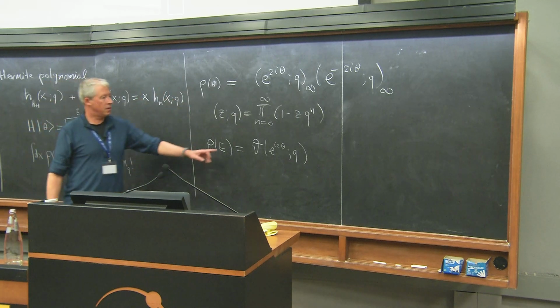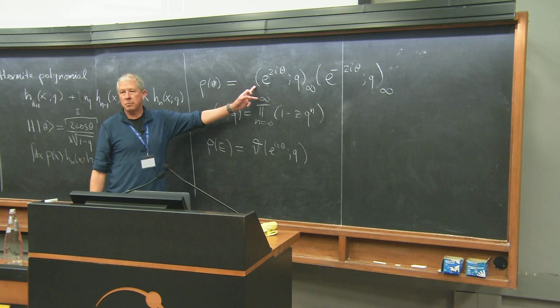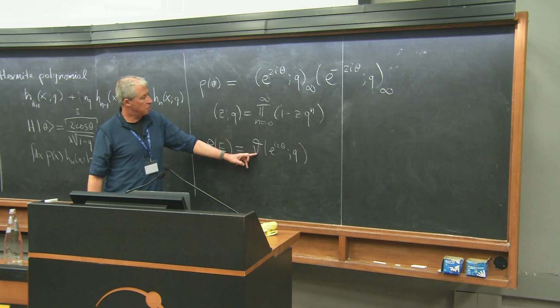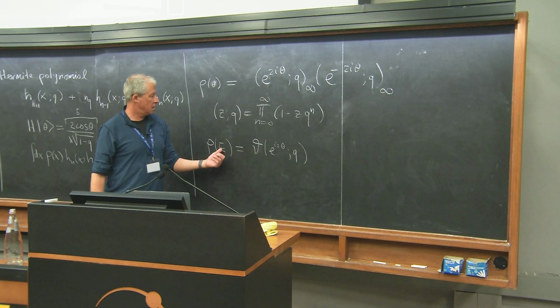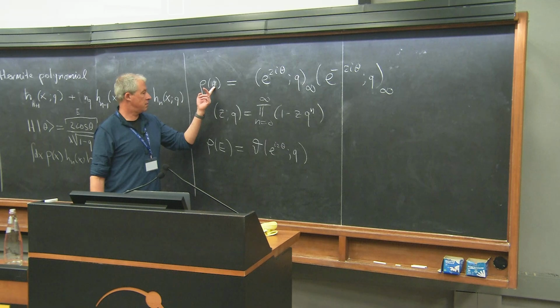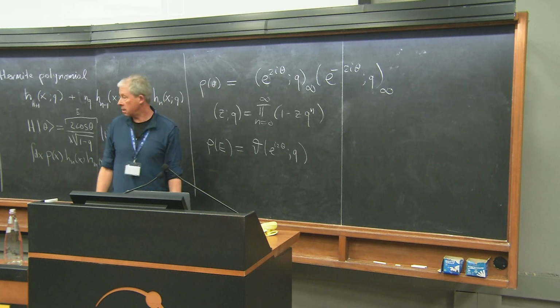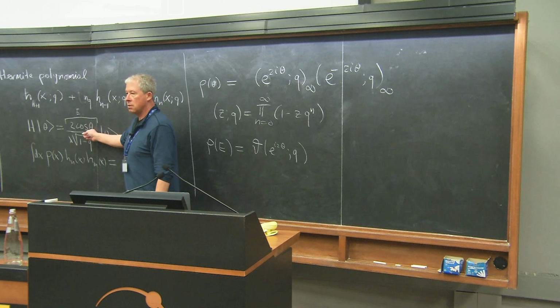And that theta function is known to have this particular form up to a prefactor of sine theta, which comes from the fact that here I'm writing it as a function of theta, whereas here I'm writing it as a function of this variable cosine theta.